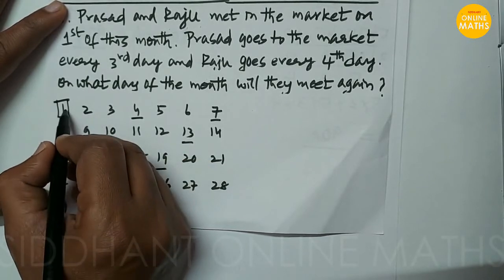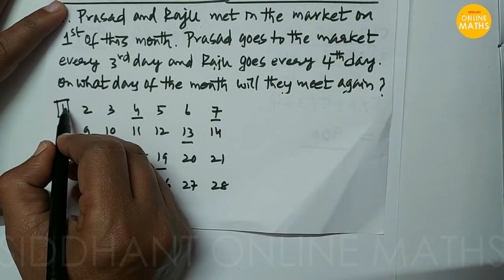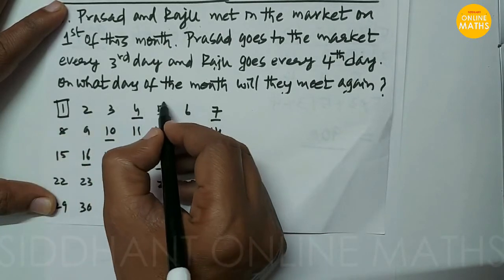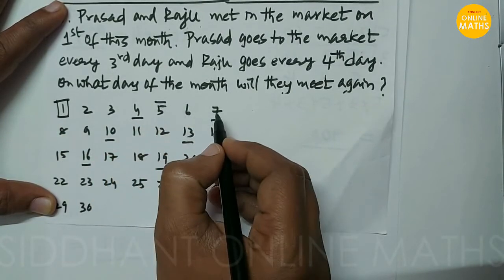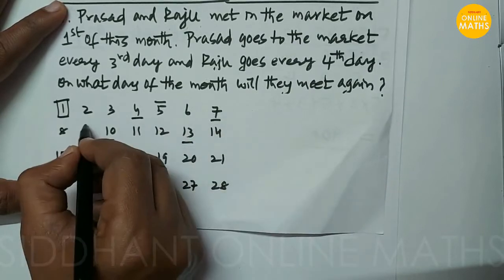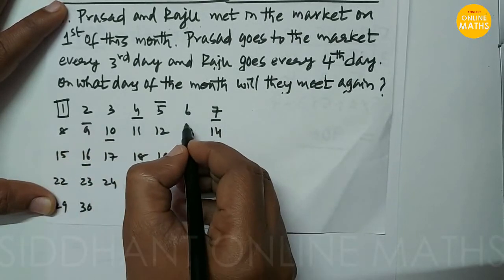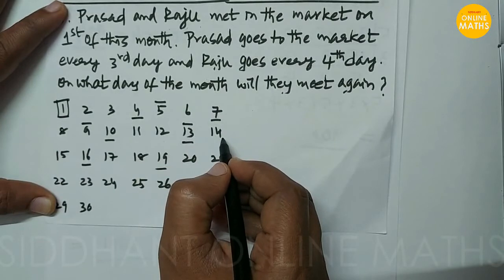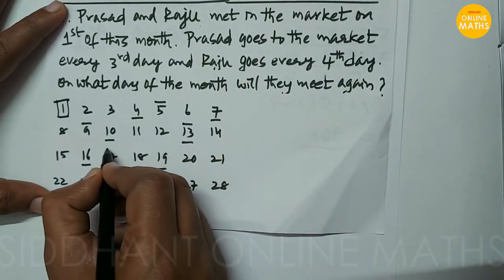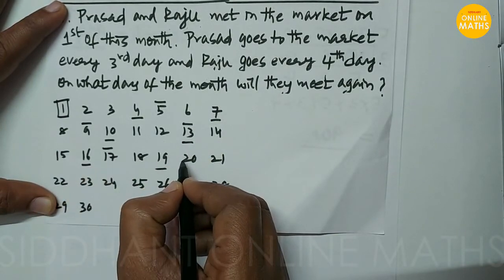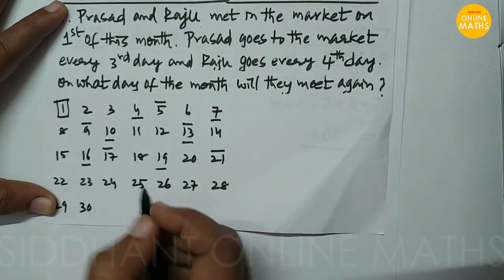And Raju goes to the market every fourth day. So here they met on the first, and onwards we have to count the fourth day. So every fourth day, that means fifth, ninth, 13th, and after that 17th, and after that 21, so on.